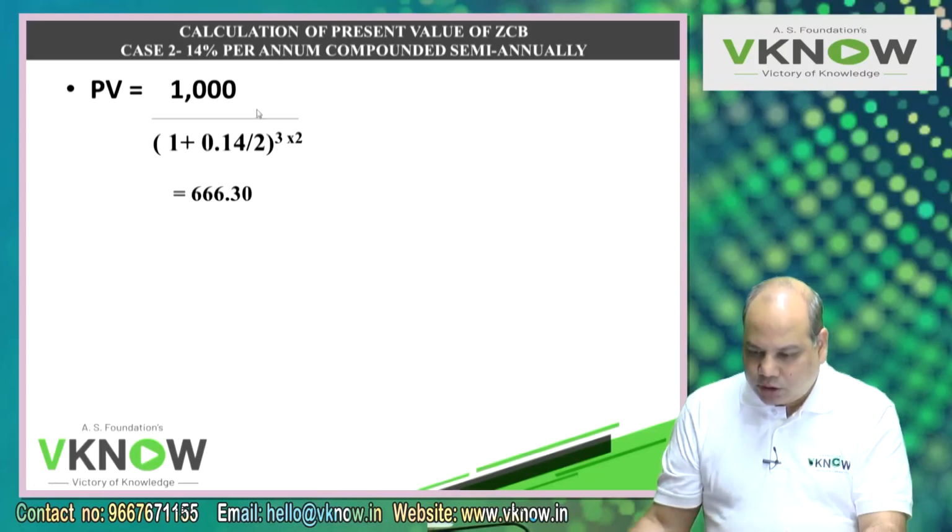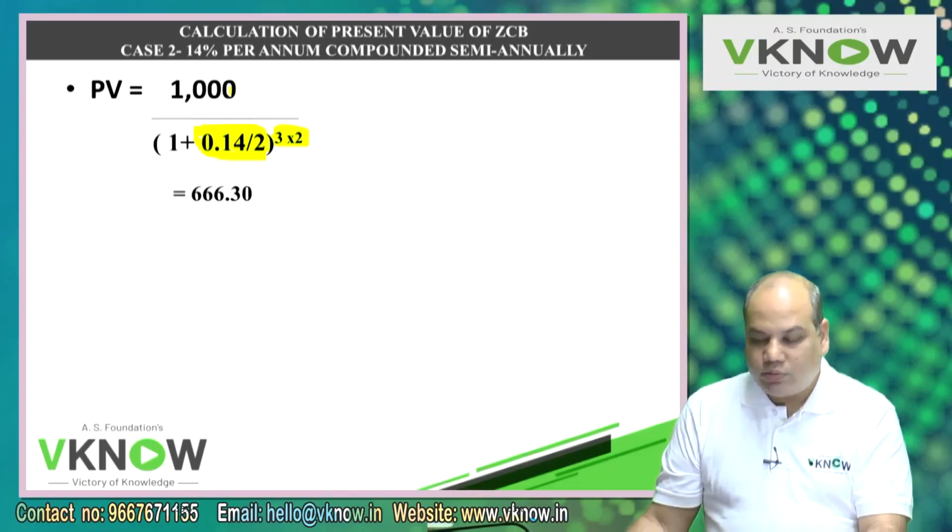So this time your calculation will be like this: 1000 divided by 1 plus 0.14 by 2, or you can directly write 0.07 here. And the number of years you multiply by 2, so 3 into 2.